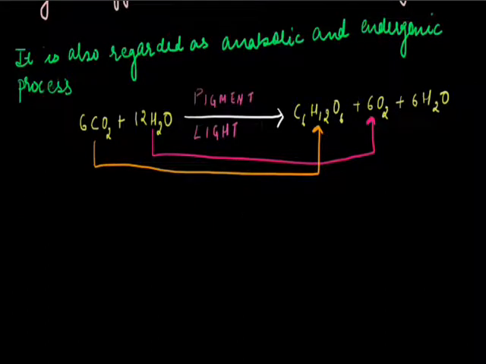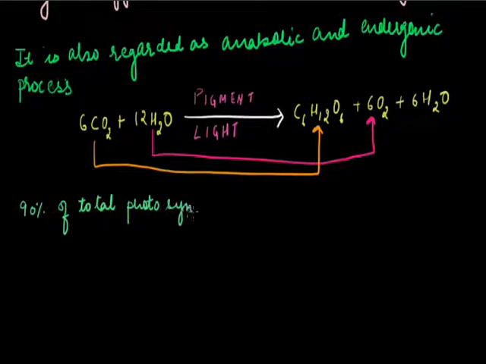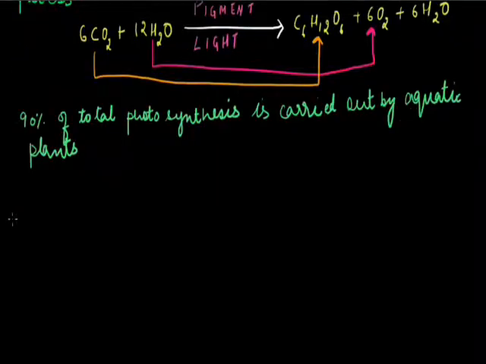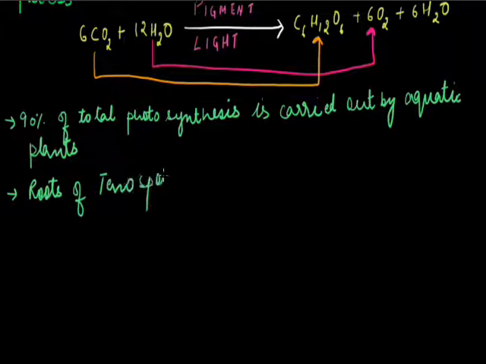Now coming on to certain facts, 90% of total photosynthesis is carried out by aquatic plants. Roots of Tinospora and Trapa are photosynthetic.